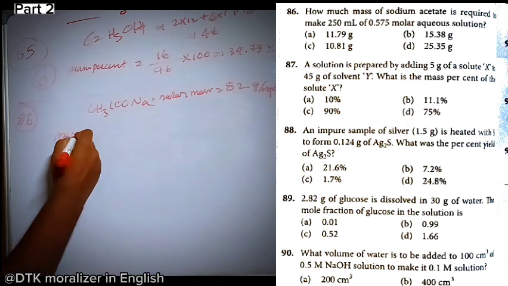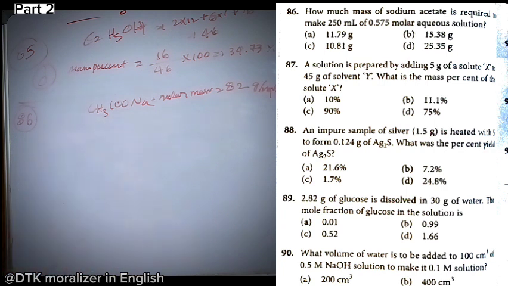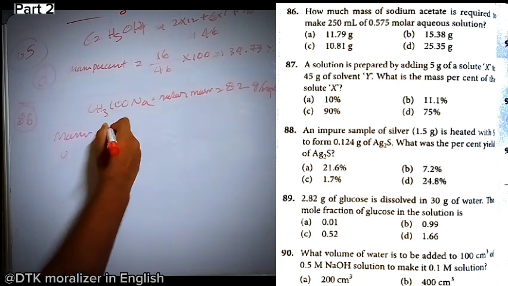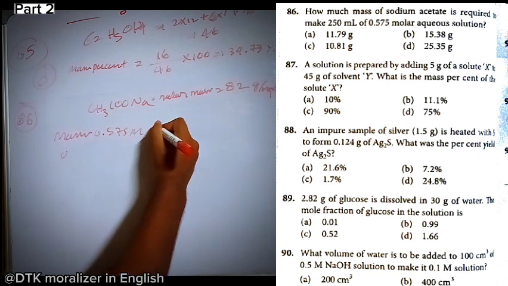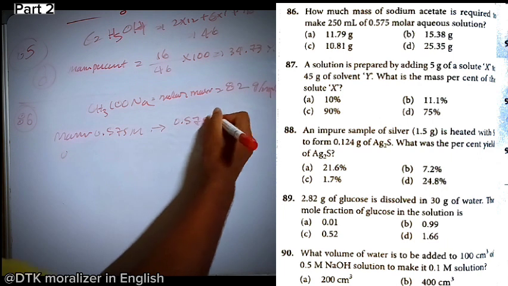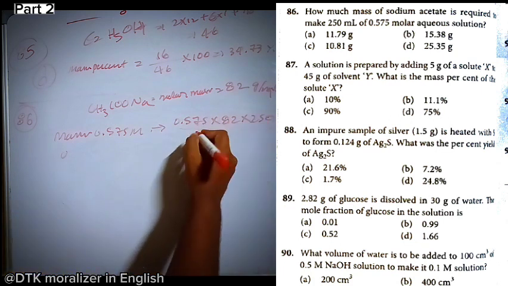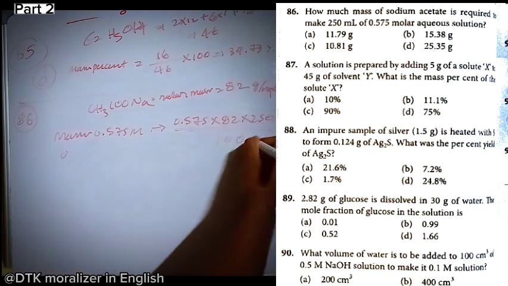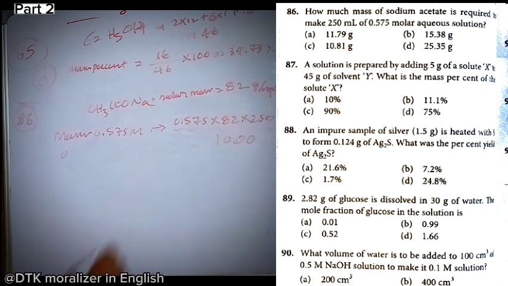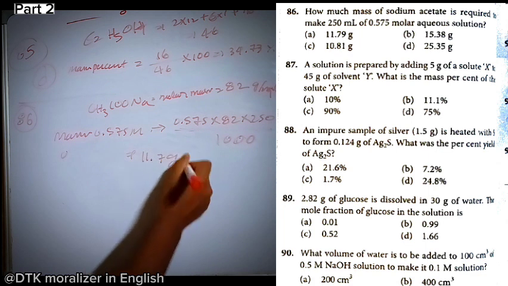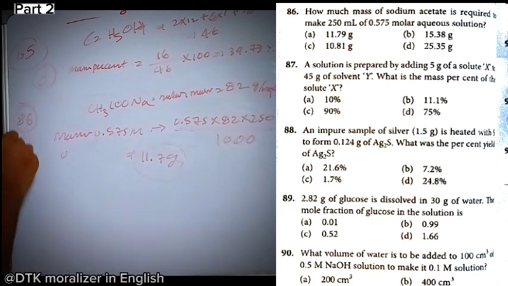Here, as you can see, mass is equal to 0.575 molar, which is 0.575 into 82 into 250 ml by 1000, which gives 11.7.